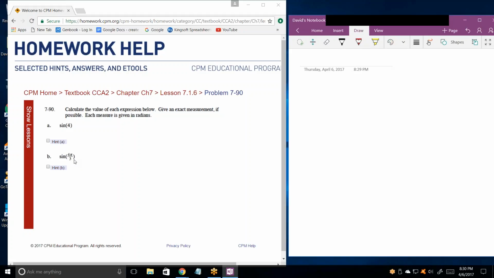If I wanted it in degrees, I would write 240 degrees for that 4 pi over 3. So the fact that there's no degrees there and there's a pi in it always means that it's in radians.